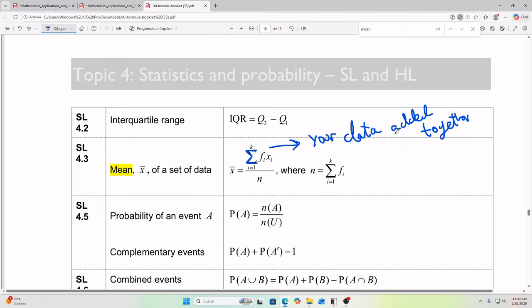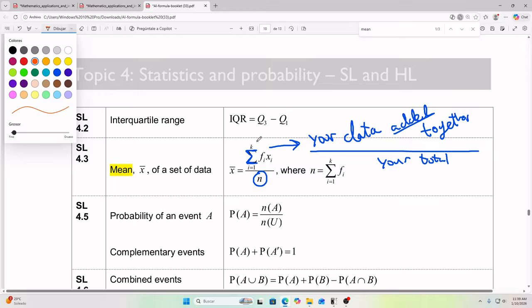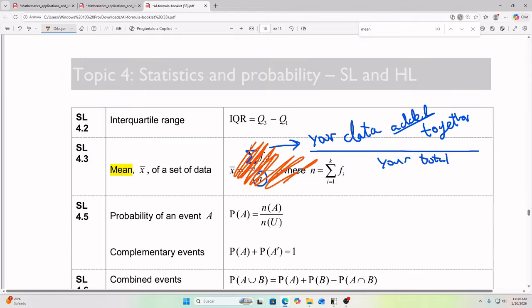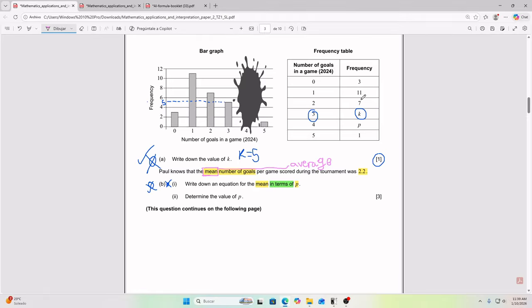So your data added together divided by your total, and your total is going to be n. Intuitively, you can forget about this for a second and have the intuition that your mean is your data added together divided by your total.